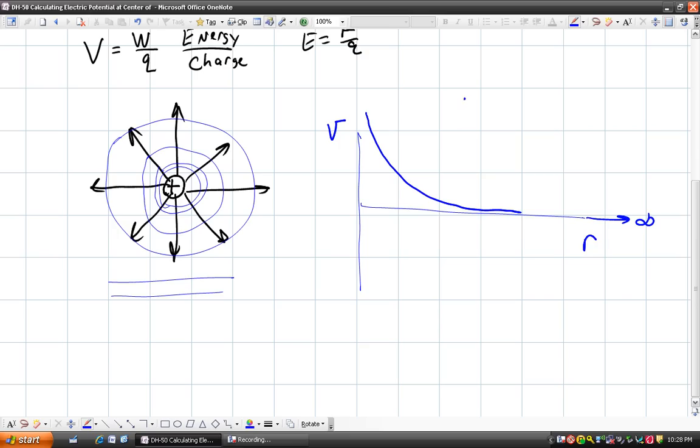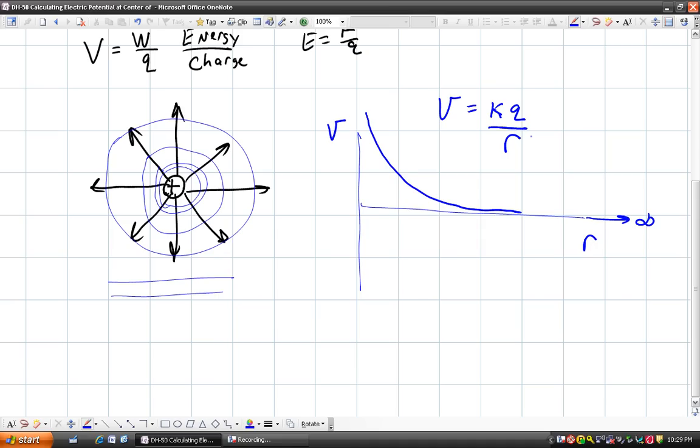So the way you calculate voltage or electric potential from a positive point charge is it's kQ over r. Really similar to electric field, except it's not squared. It's just over r. And for positive charges, you're always going to get a positive electric potential.